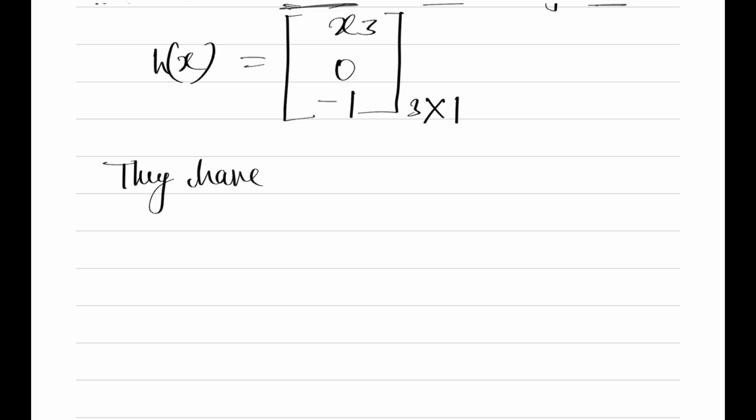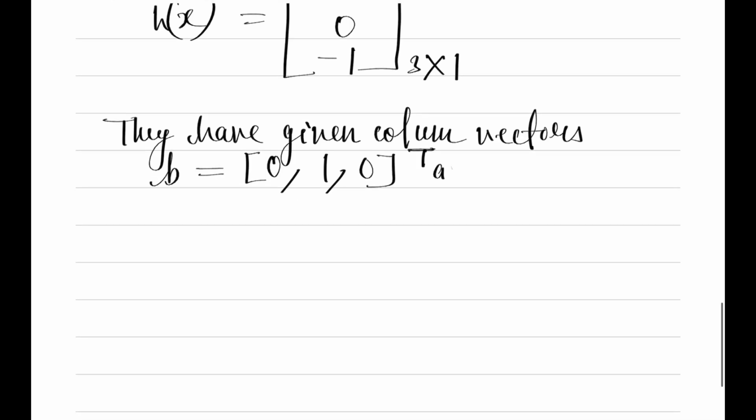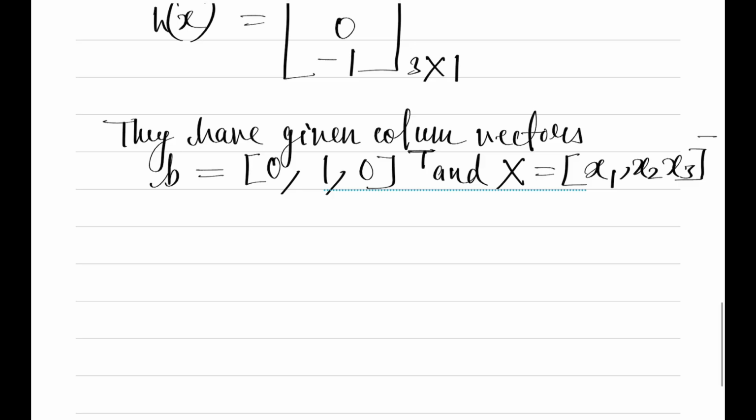They have given column vectors b equals 0 1 0 transpose and x equals x1 x2 x3 transpose.